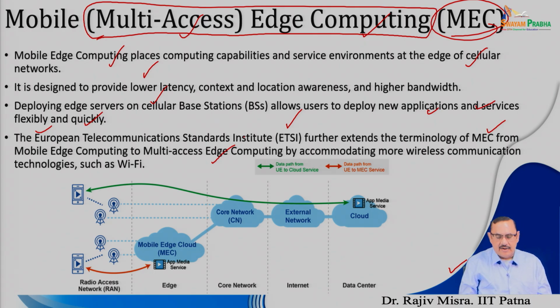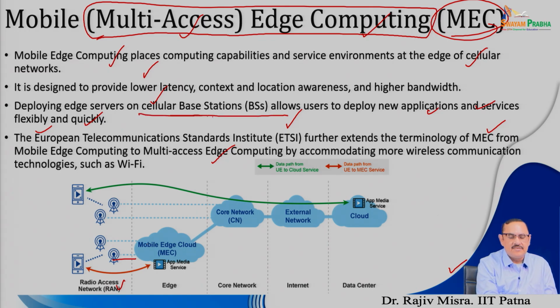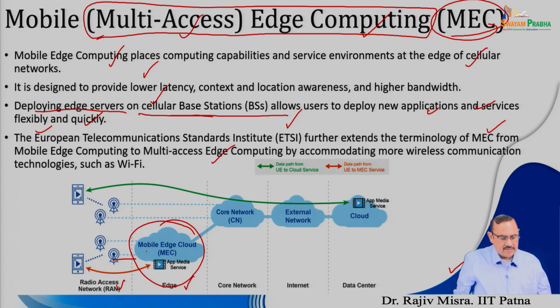You can see that in any of these 5G or 4G services, there is a radio access network, and very close by to these cellular base stations you will find edge data centers. They also form what is called a mobile edge cloud, MEC, or multi-access edge cloud.